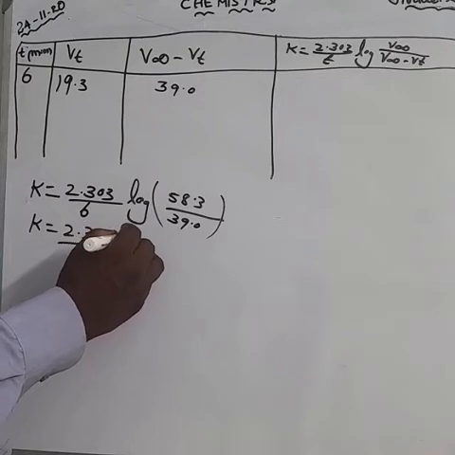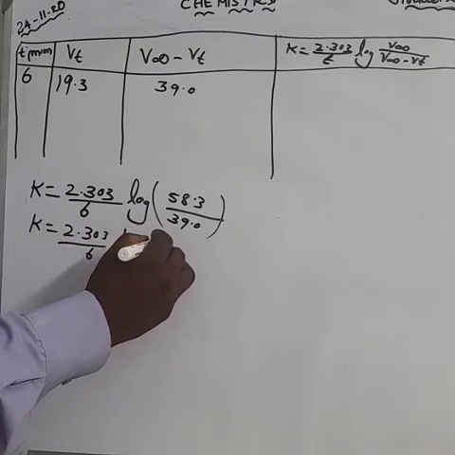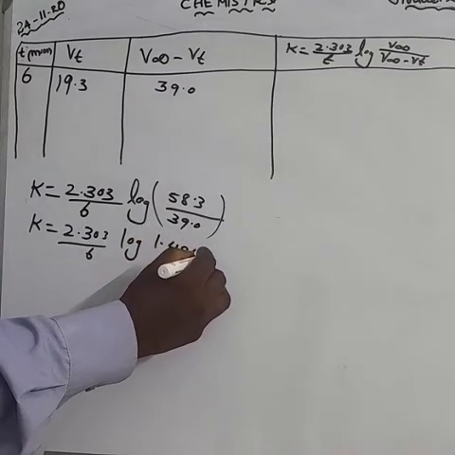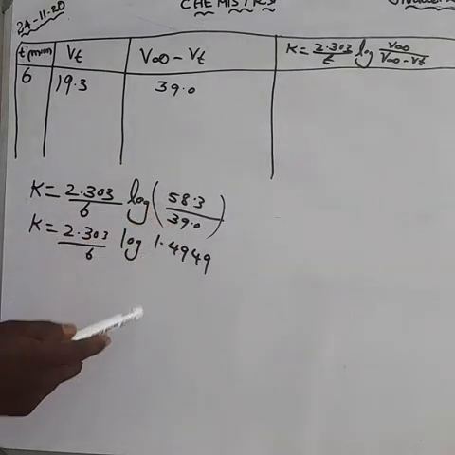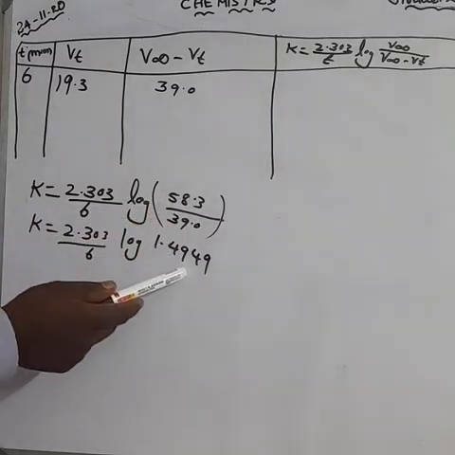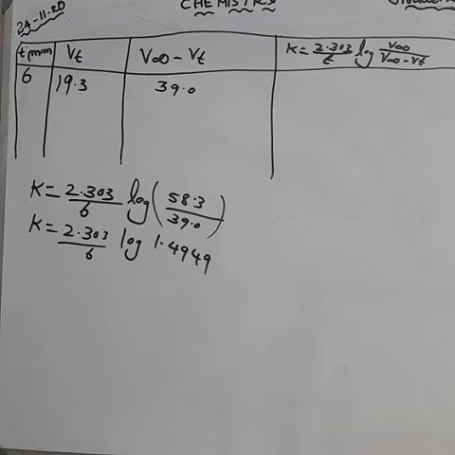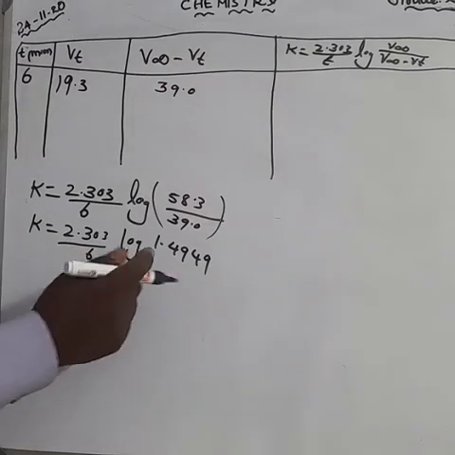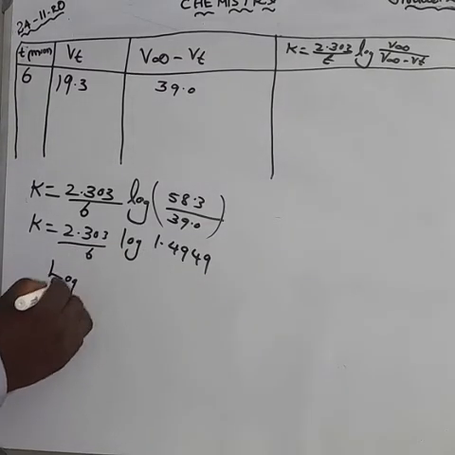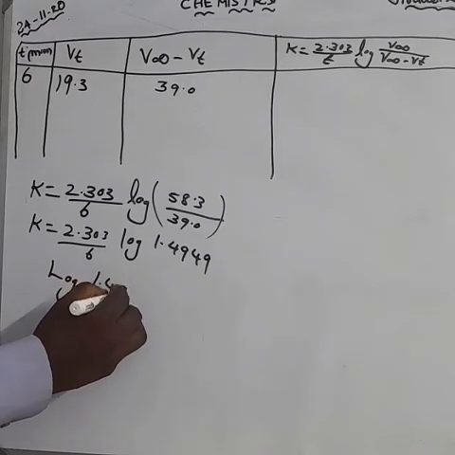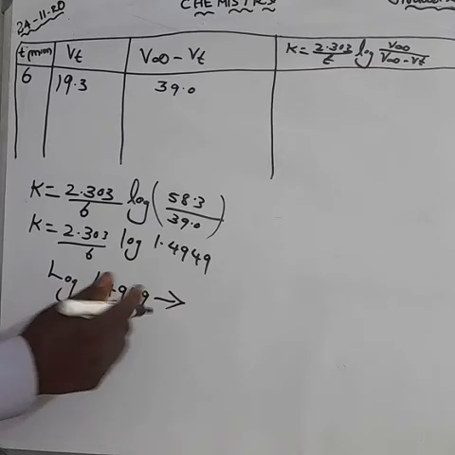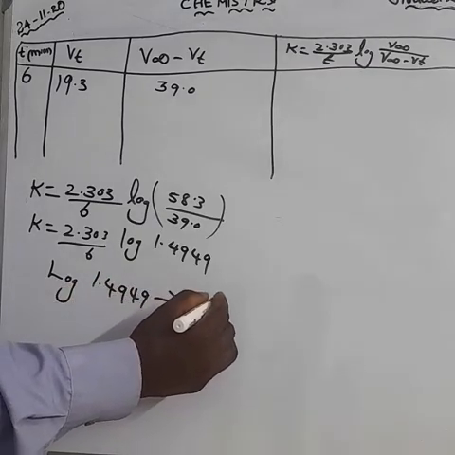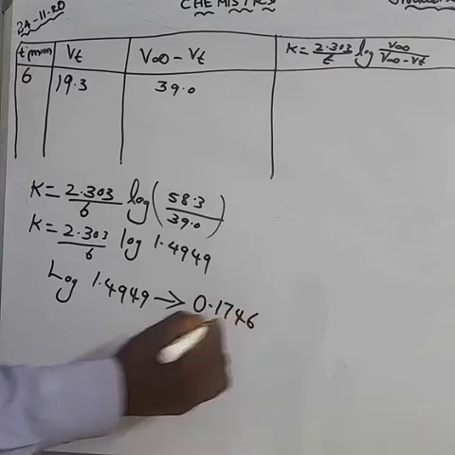When we divide 58.3 by 39, we get 1.4949. That's the value. Log of 1.4949 is equal to 0.1746.